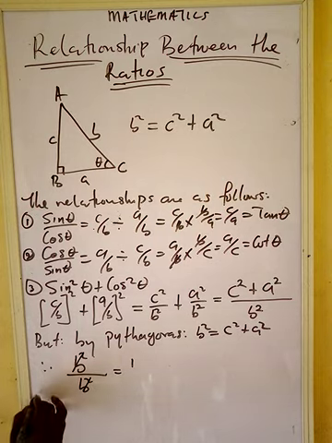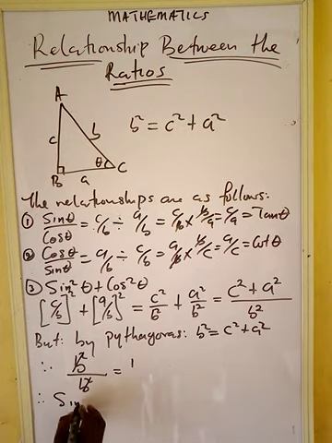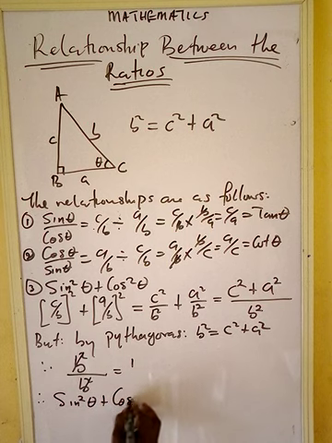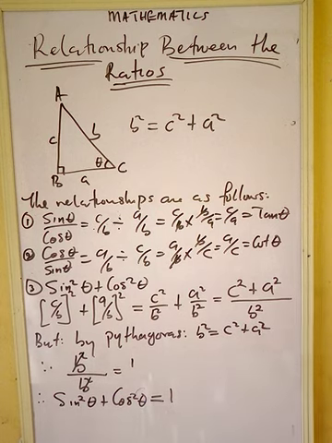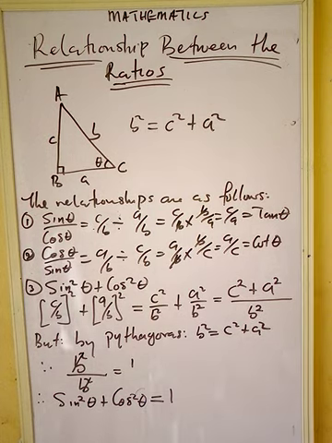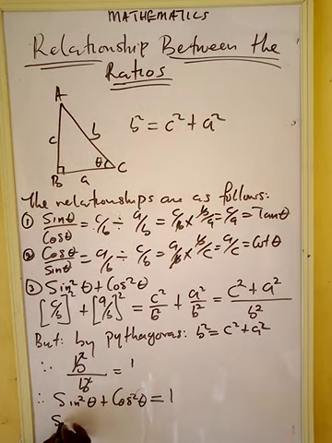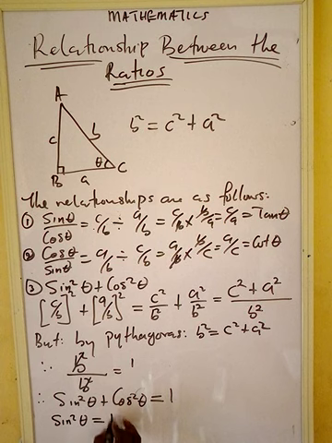Therefore sin theta squared plus cos theta squared equals 1. Now, if you need only sin theta squared, it is the same thing as 1 minus cos theta squared.